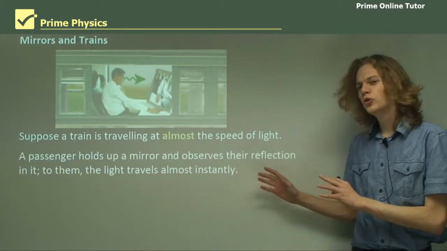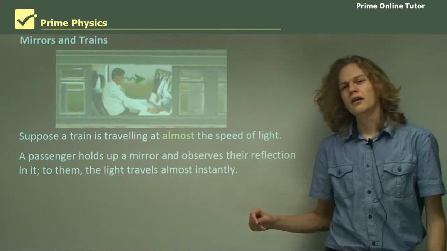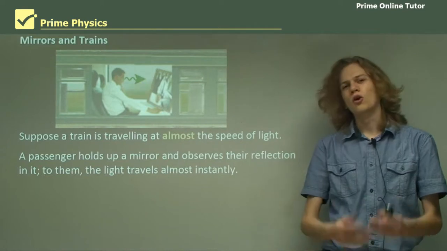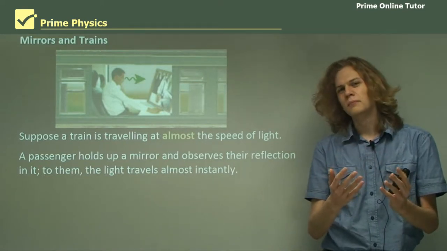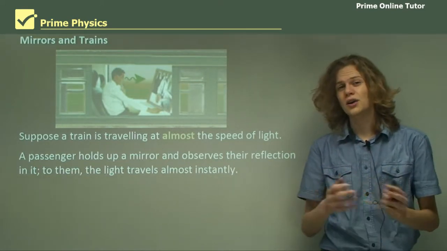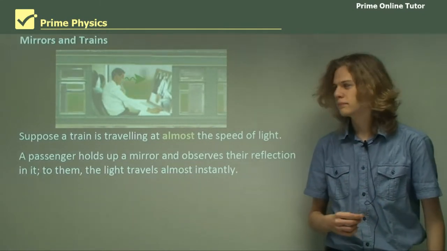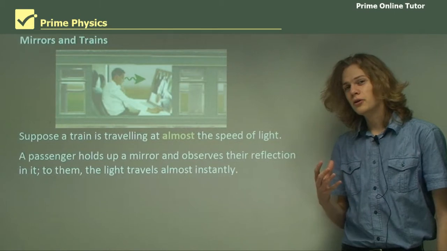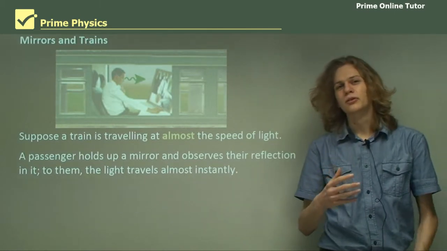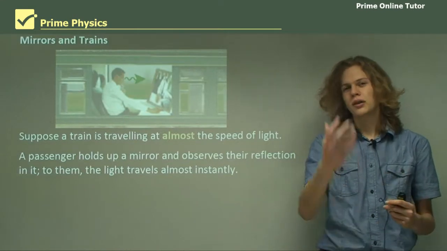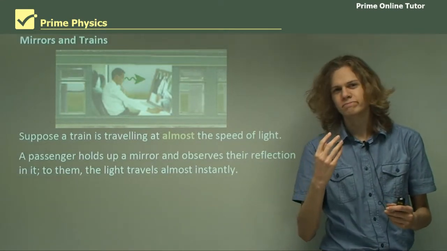Now, if a passenger holds up a mirror, then because of the principle of relativity, they're going to observe their reflection, right? They can't tell that they're in an inertial frame of reference that's moving with respect to an outside point. And because they can't figure out their motion, light has to travel normally. So it very, very quickly reflects from the mirror and comes back to them, right?